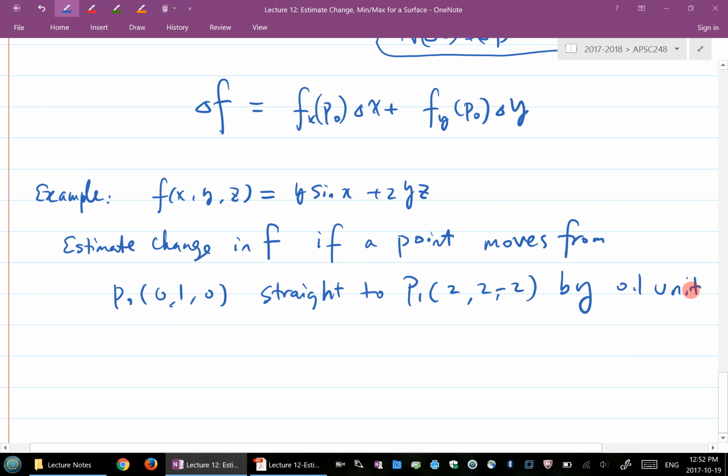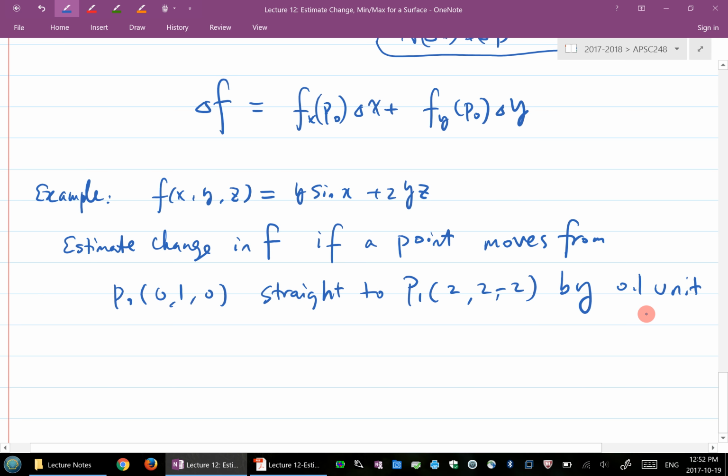You go from P0 toward P1. Now you don't end up at P1. In this question you go from P0 in the direction given by P1, and you go along that direction by a distance of 0.1 unit. That's basically the question: how much change is there in the function f here.